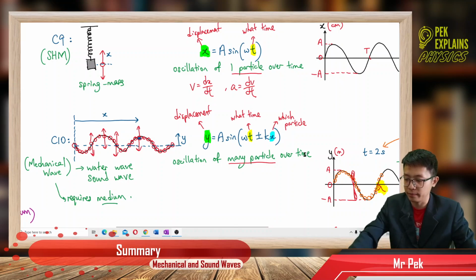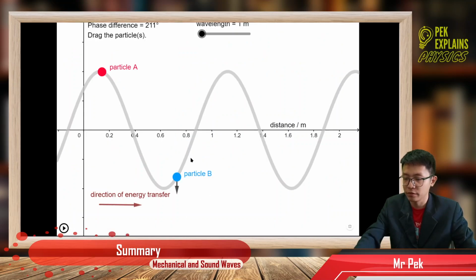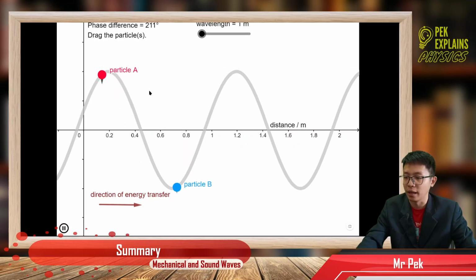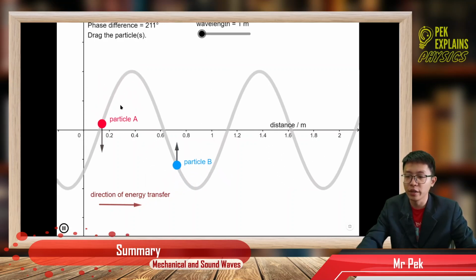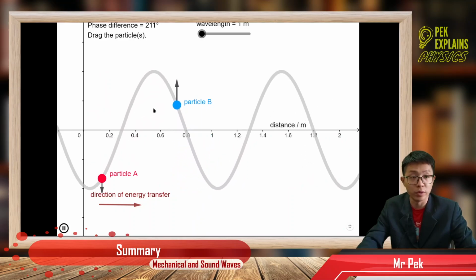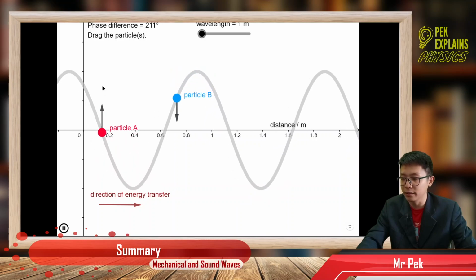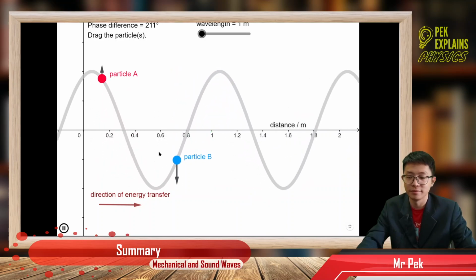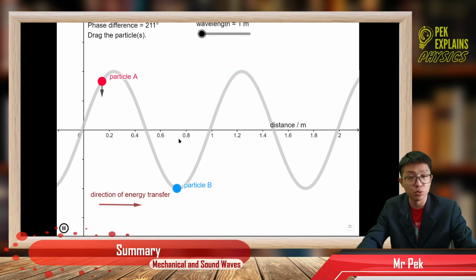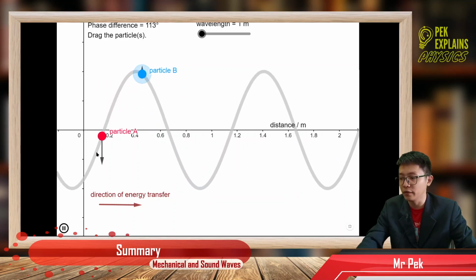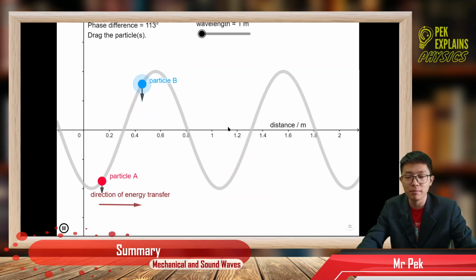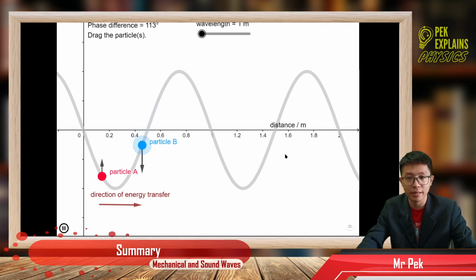Look at this simulation. You see, okay, I played. Now I played. Do you see that? This wave moved to the right. But you see the particle? We have two particles here, oscillate up and down. Actually, not just two particles. The whole wave, all along the wave, it has many particles, all oscillate up and down.